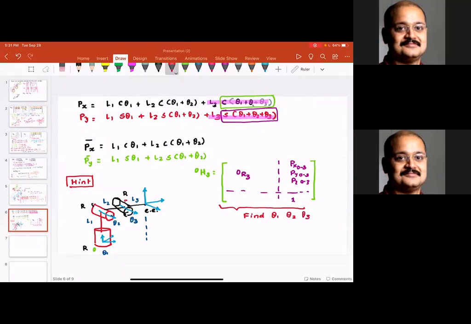Now these thetas, and let me specify very clearly, these thetas are going to give you the desired end effector position. Everyone understood this? These thetas are going to give you the desired end effector position. However, the problem is finding the position and orientation.